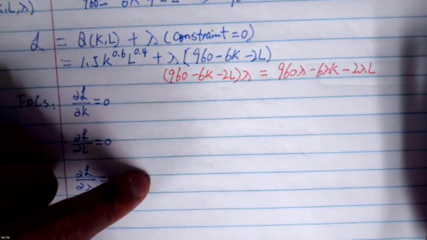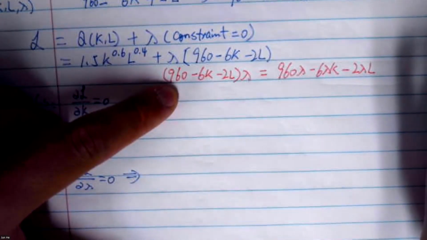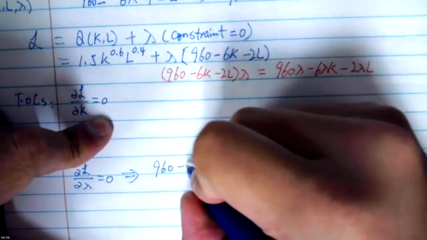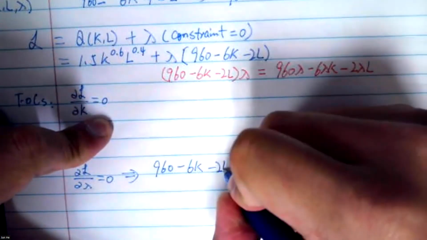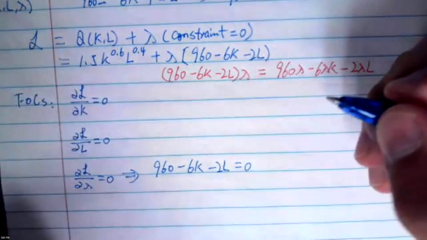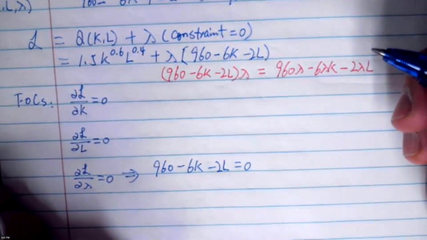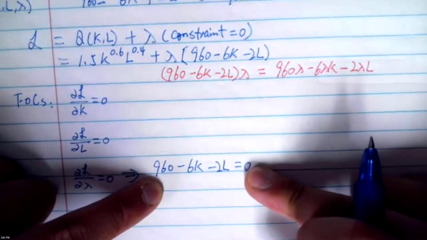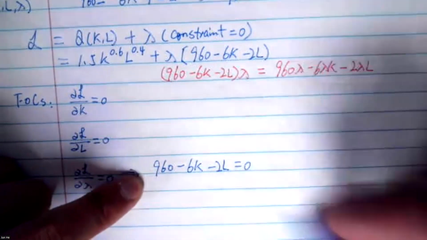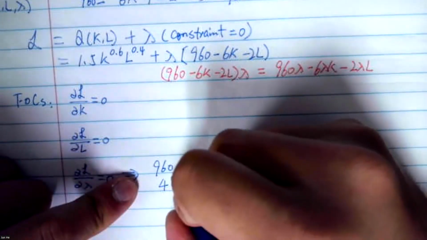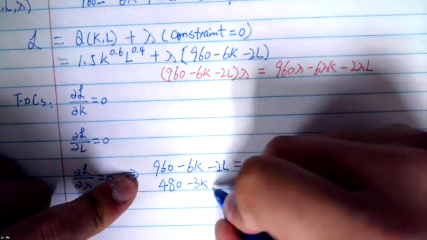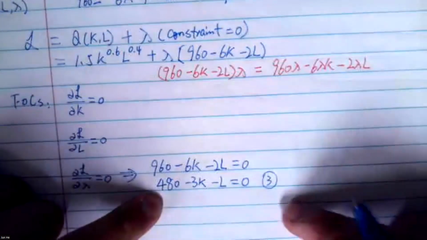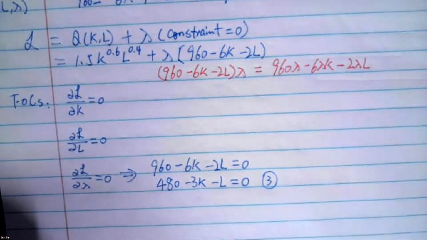The second term, when you take the first order derivative with respect to lambda, the result is 960 minus 6K minus 2L equal to 0. Before doing anything, we can divide both sides of the equation by 2. So we have 480 minus 3K minus L equal to 0. We define this as equation 3.